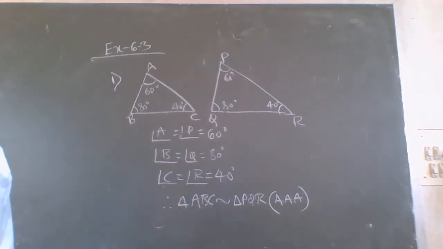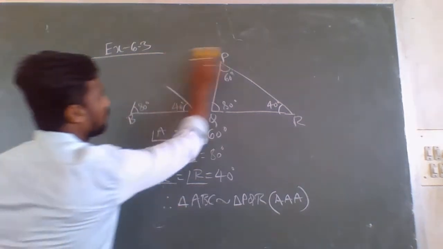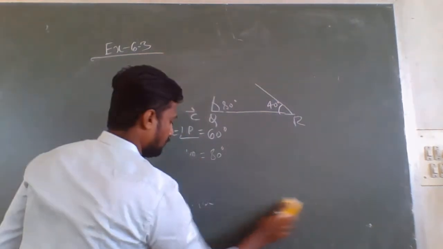Next, in the second pair of triangles, what is given here.